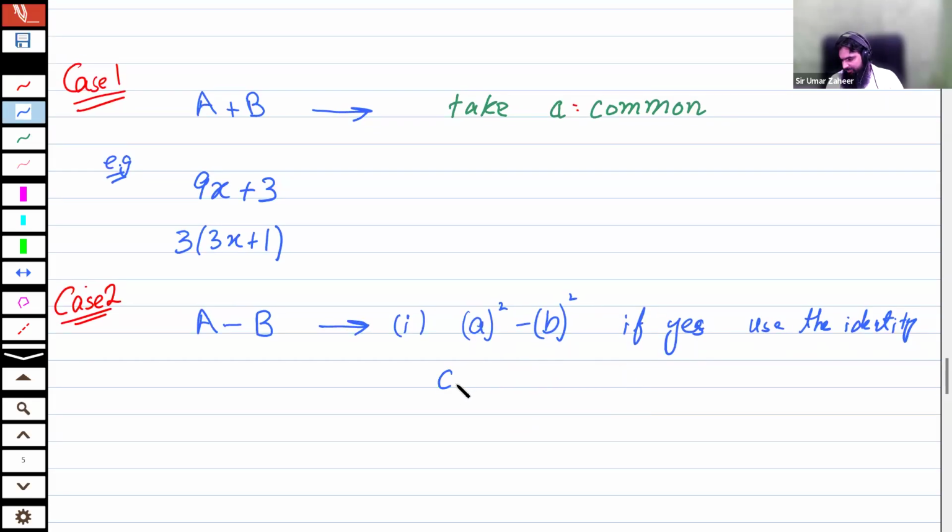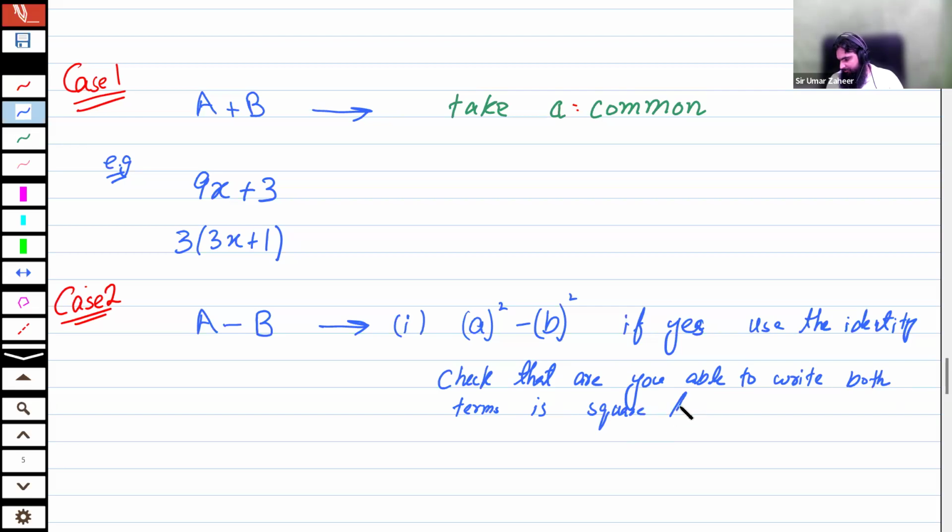You have to check whether you are able to write both terms in square form.